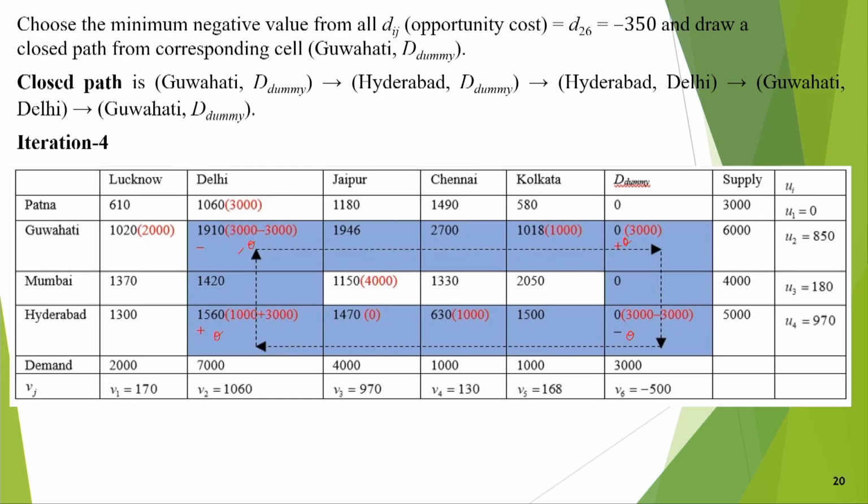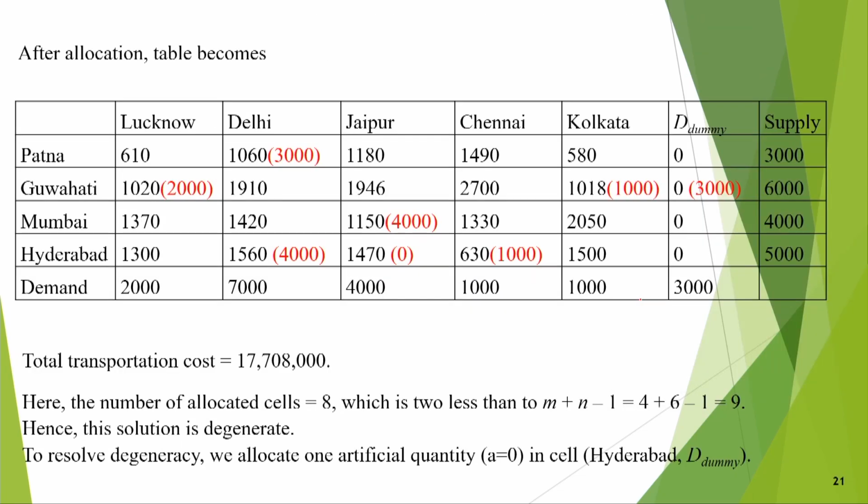Positive thing may be very small, but something plus theta will not make overall negative. So, therefore, here we got 3000 minus 3000. So, we can give so that this becomes 0, this becomes 4000, this becomes 0, like that it has become. So, therefore, now the allocation has come like this.